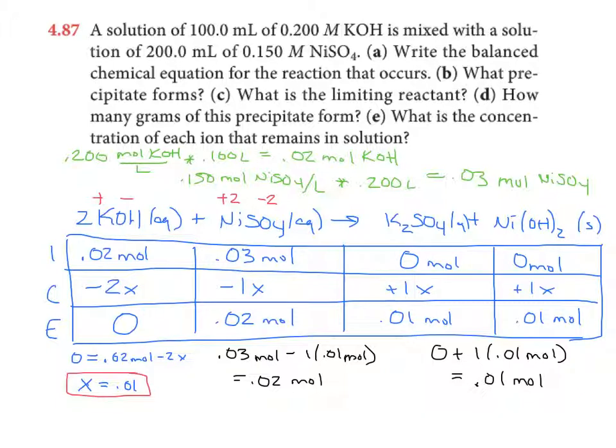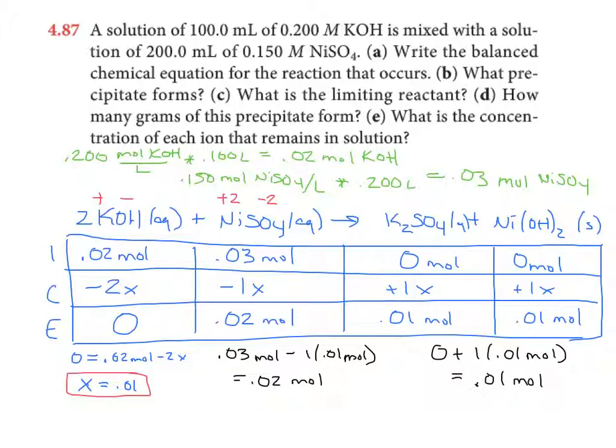So again, I'm using the same value of x we found because it's the limiting reactant. I'm reading down the column and I'm just plugging in the numbers. Again, using the coefficient of 1, if it had been 5, it would have been 5, but just using the coefficients there, and that's why I figured out how many moles of product I have. This will match any work you do using the normal cross stoichiometry. It's just a visual way to represent it so you can see it all in one table.